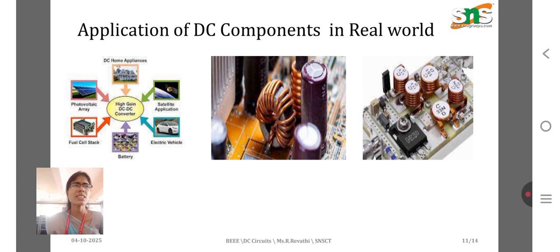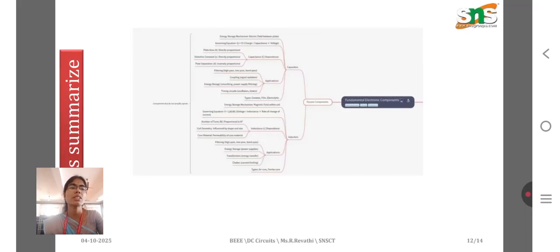Each and every device consists of these three elements majorly: batteries, electric vehicles, satellite applications, DC home appliances such as chargers, photovoltaic arrays in solar cells, and fuel cell stacks used in hybrid vehicles. These are the high gain DC converters. A lot of applications are there. Our day to day life appliances consist of these passive and active elements.